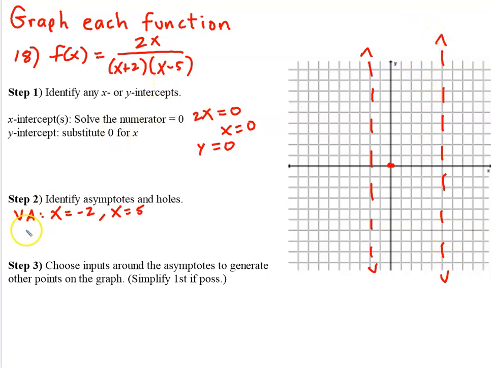All right, and then for horizontal asymptotes, the denominator degree is 2, and the numerator degree is 1. So since the denominator degree is larger, we have a horizontal asymptote at y equals 0.